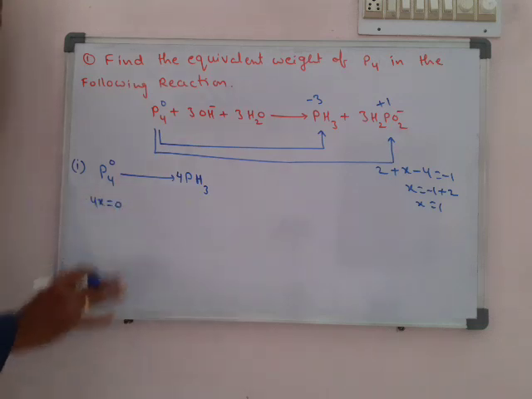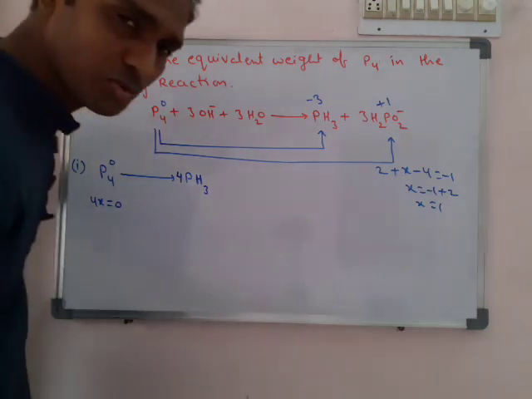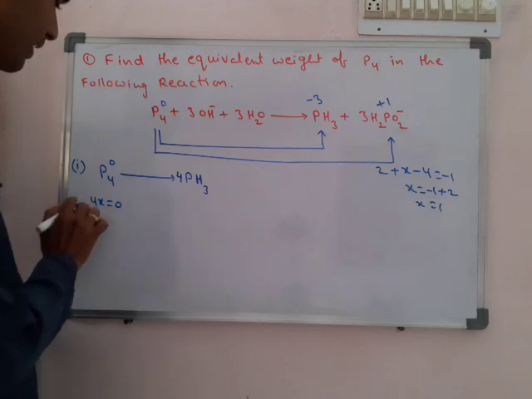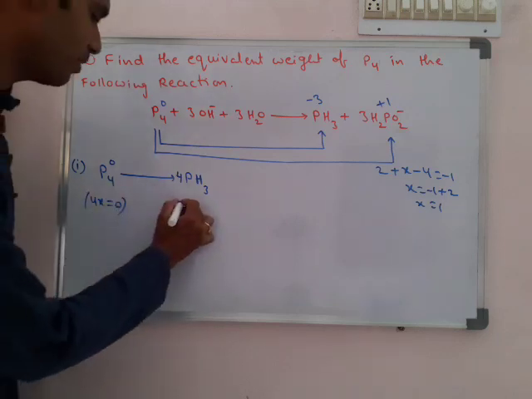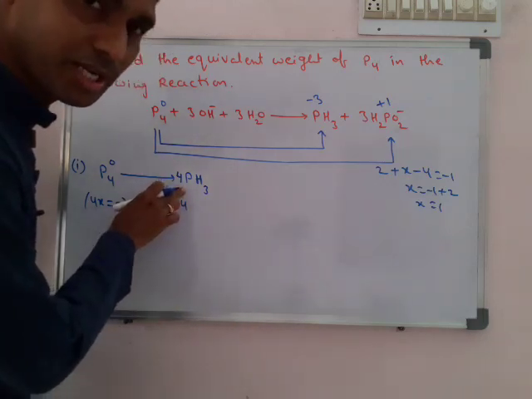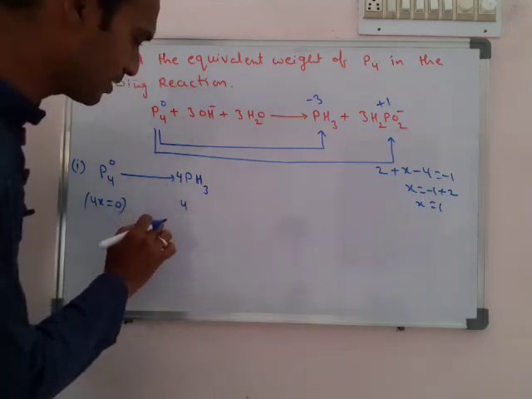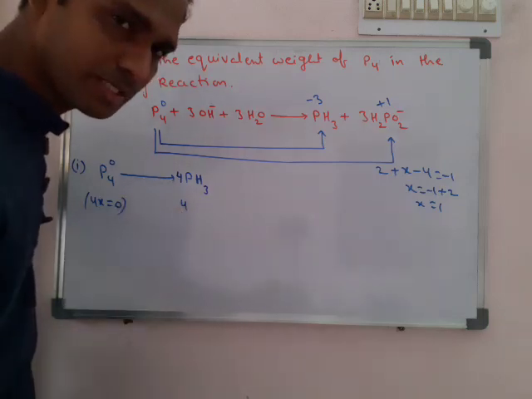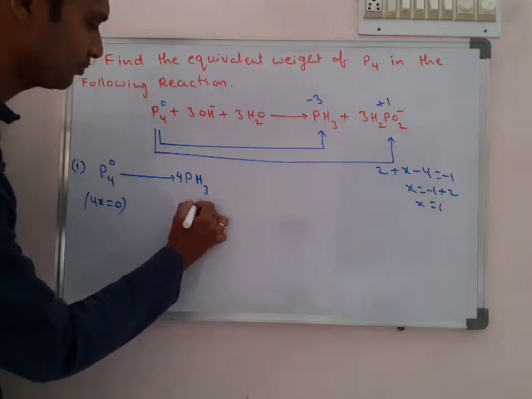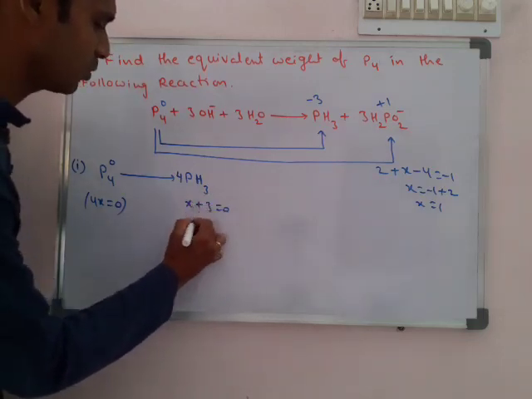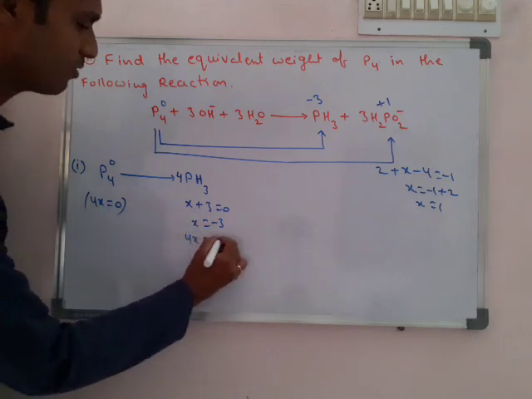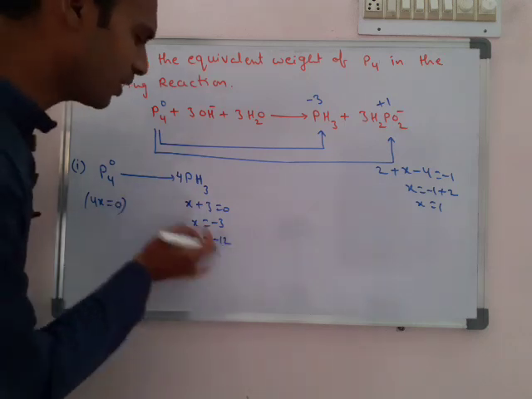Actually, we are just checking the oxidation numbers for the total number of electrons. Now there are 4 phosphorus with 0, I am writing just 4x equals 0. Here also we must compare only when both sides are the same, so we cannot compare just one P. Here also we should compare 4 phosphorus. So first count for 1 phosphorus and then equate to 4x. So x plus 3 equals 0, so x equals -3. Therefore what is 4x? 4x equals -12. Why are we doing 4x?